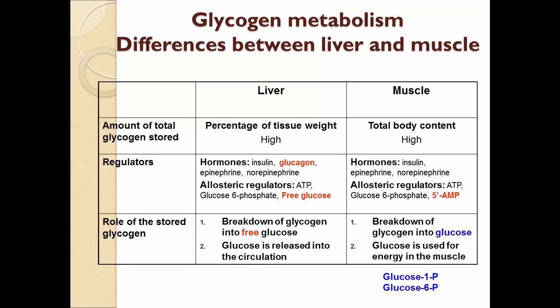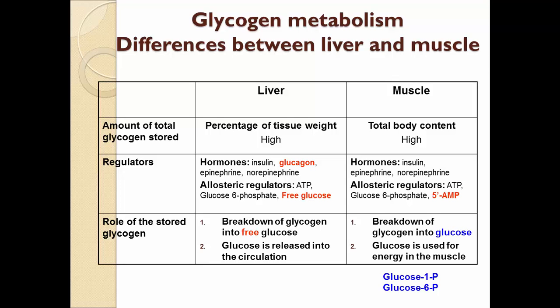And if we're talking about the total body content, of course, the total amount of glycogen is actually stored more in the muscle, because of the large mass of the muscle compared to liver. So it depends on how we compare.